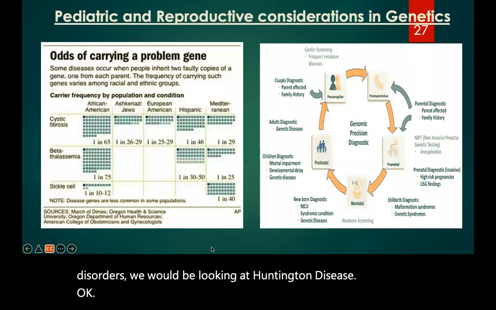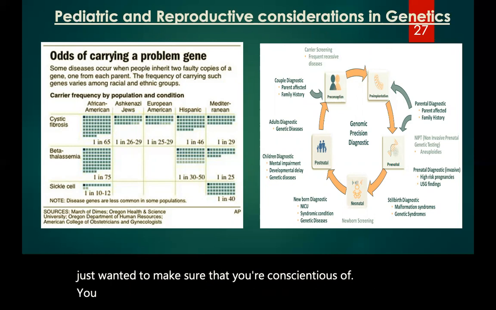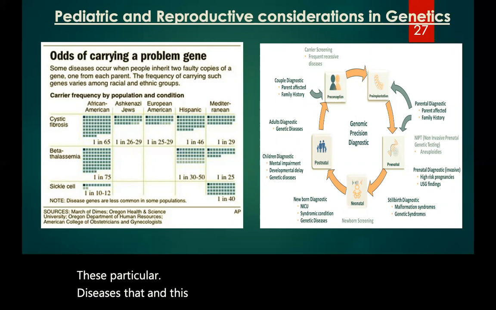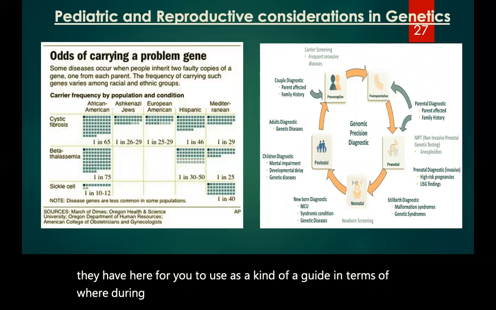Okay, so next, pediatric and reproductive considerations in genetics. I just wanted to make sure that you're conscientious of these particular diseases, and this genomic precision diagnostic algorithm they have here for you to use as a guide in terms of where during conception you would be looking at particular diseases or what testing would need to be done.